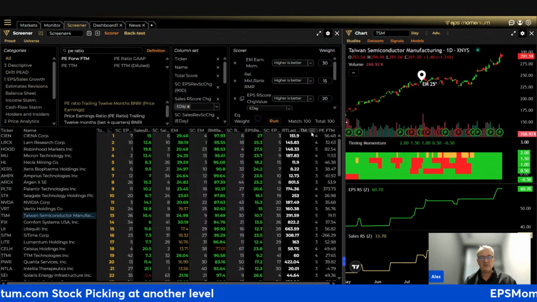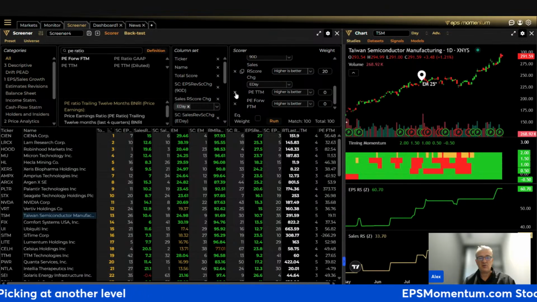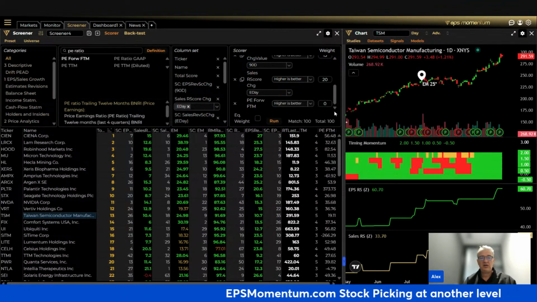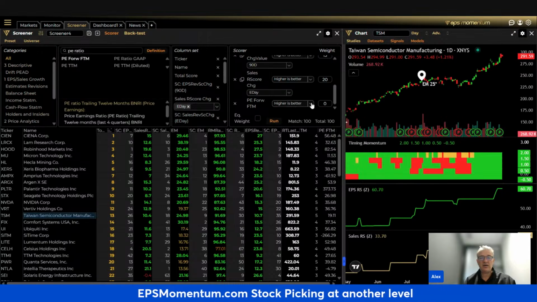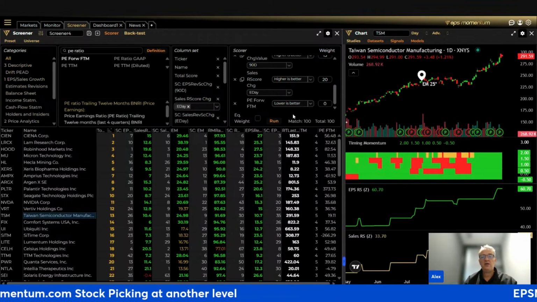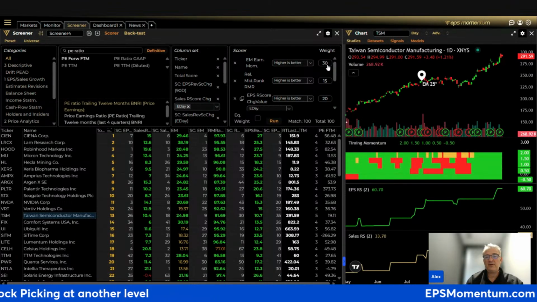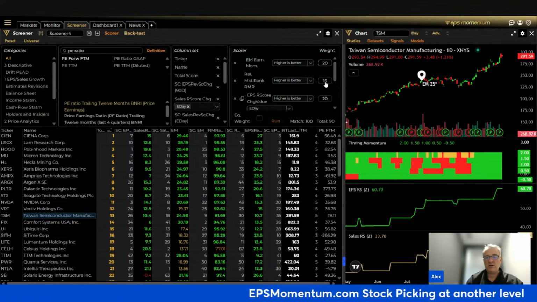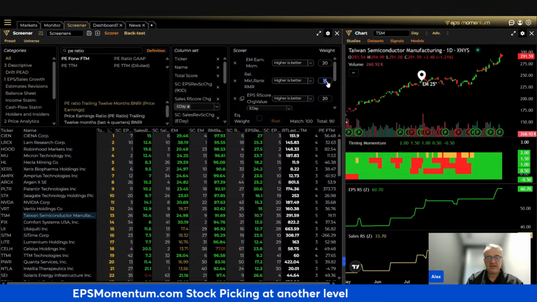So now it's interesting. What I want to do with this is insert that P/E forward 12 months into my score. And I want to put it as lower is better, right? And I'm going to give it a decent weight. So I'm going to put 20 here. Maybe a 10 there.